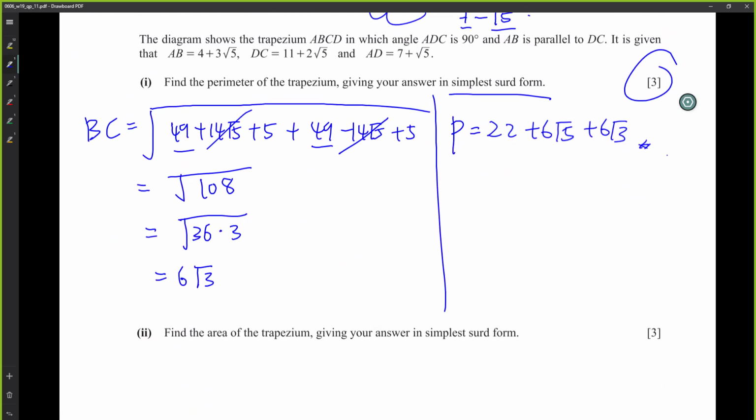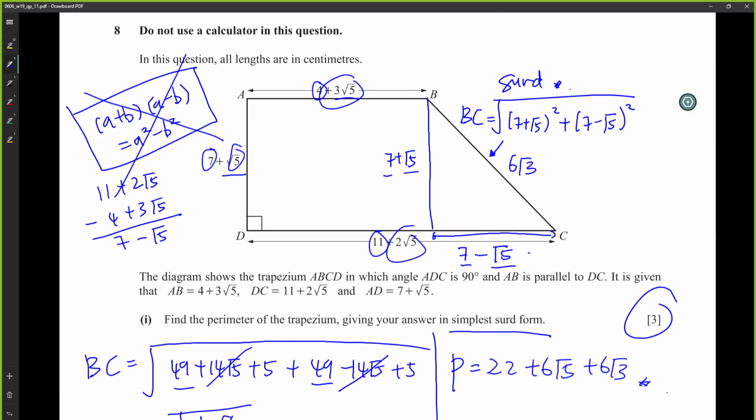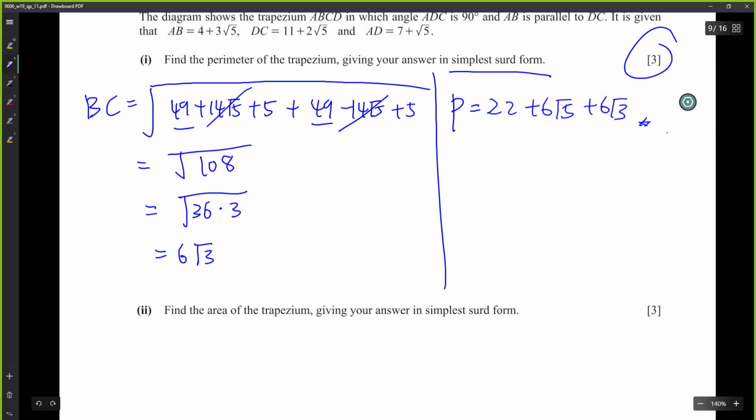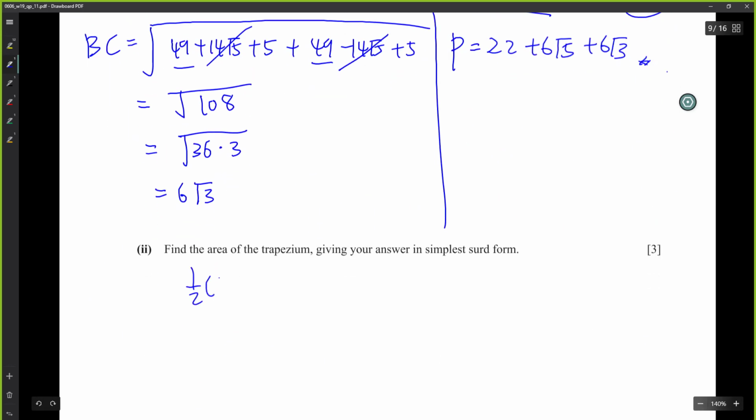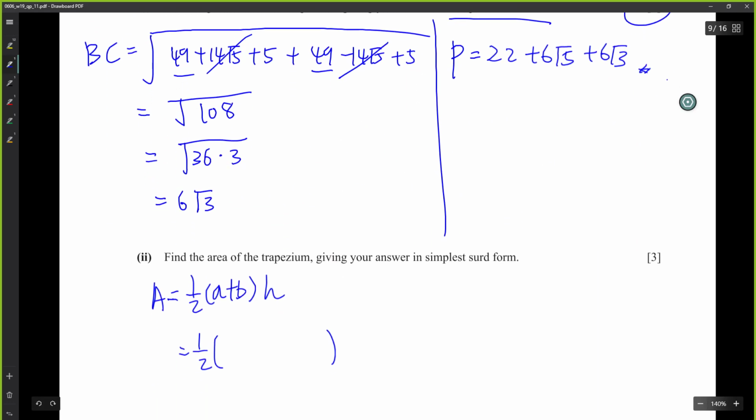Okay, so find the area of the trapezium. If you want to find this area, it's half times (a plus b) times height. This is how you get the area of a trapezium, isn't it? So half, I will do a plus b here. 11 plus 4, I get 15.